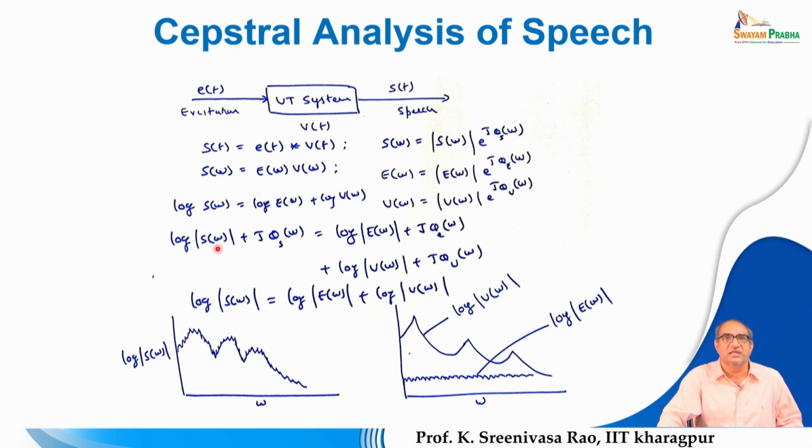The spectrum of a speech signal is a product of the excitation spectrum and the vocal tract spectrum. If we can somehow separate these two, we can use the spectral behavior of E of omega and V of omega separately for various speech tasks.